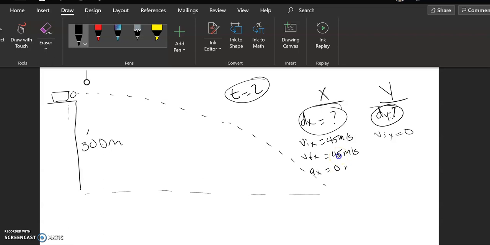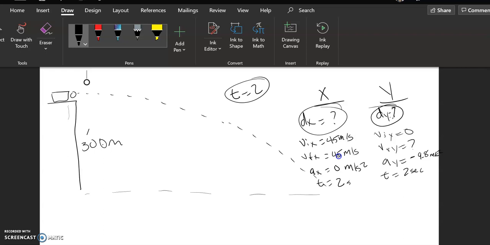Acceleration in the x direction is 0 meters per second squared, and time is 2 seconds. So that's pretty much all we know for the x. For the y, we know v_iy is 0. v_fy is unknown. a_y is negative 9.8 meters per second squared, and time is 2 seconds.